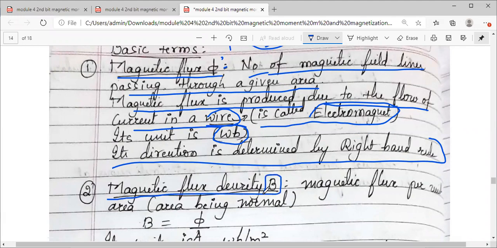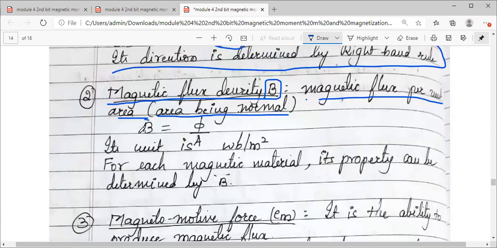We have studied this flux density B already. Still, let me define it in a proper manner. What is B? It is the magnetic flux per unit area, and the area being kept perpendicular to the flux lines. B is given by psi by A. In some of the textbooks, you may find it psi by S. S stands for area. What is the unit of B? It is Webers per meter square.